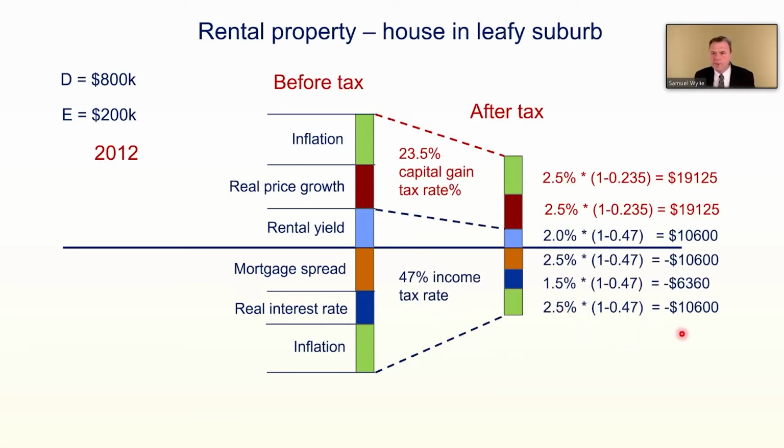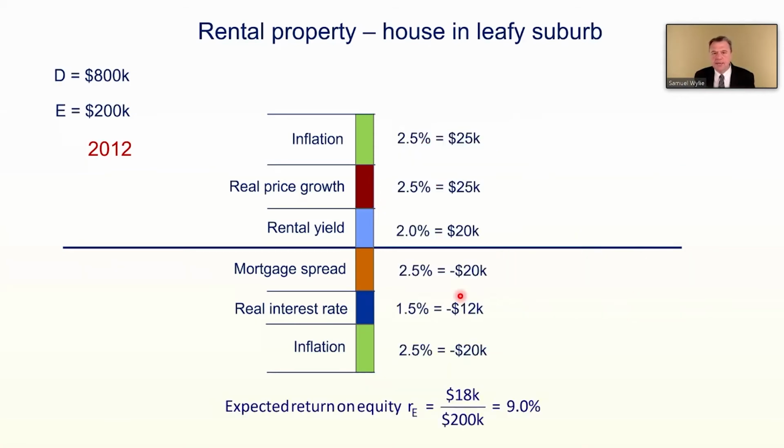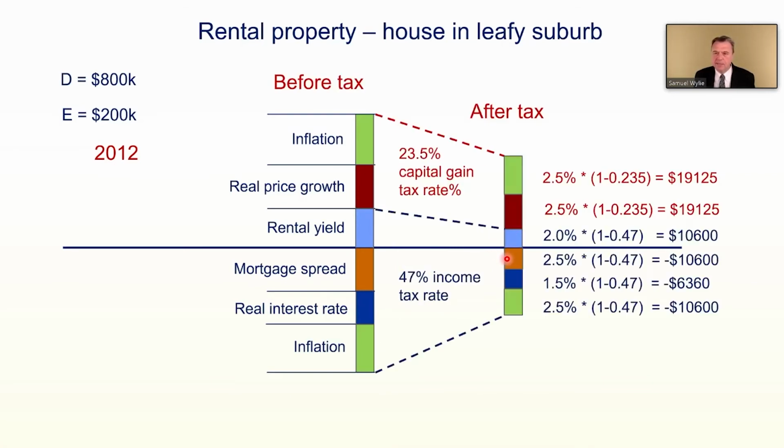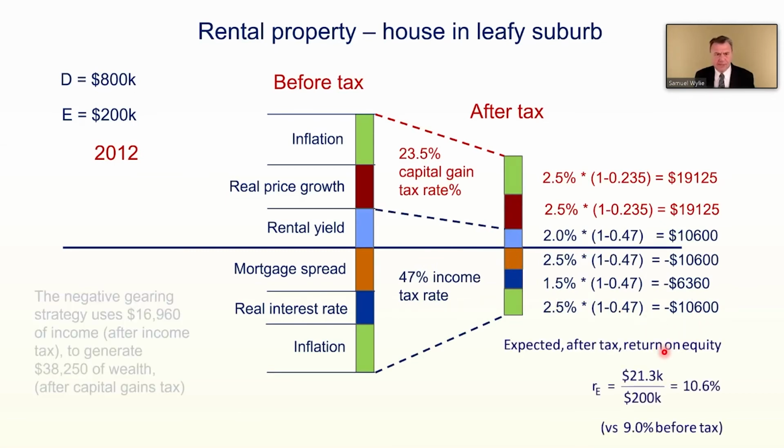What we're looking at over here is how much of our after-tax income is needed to enact the strategy. So yes, we need 32K of pre-tax income, but once we jump to after-tax, how much after-tax income is needed to generate the capital gains? Well, we can see it here.